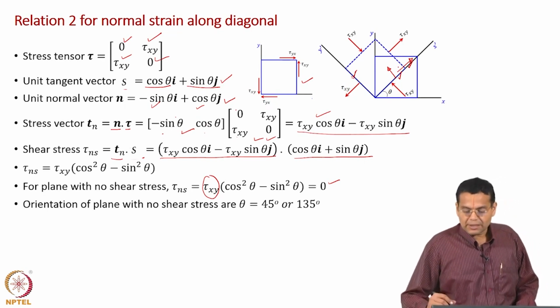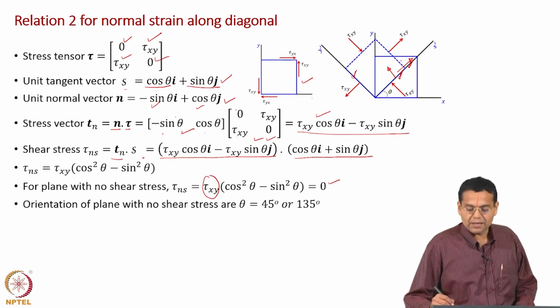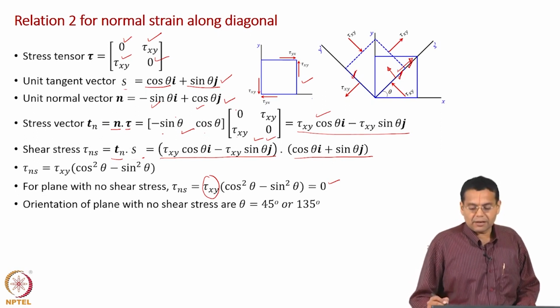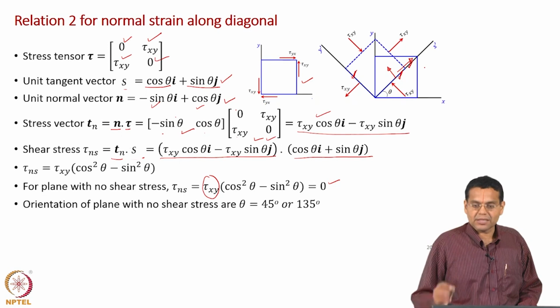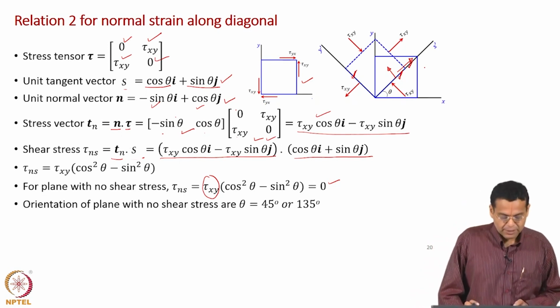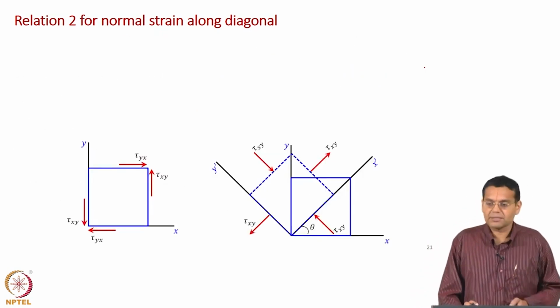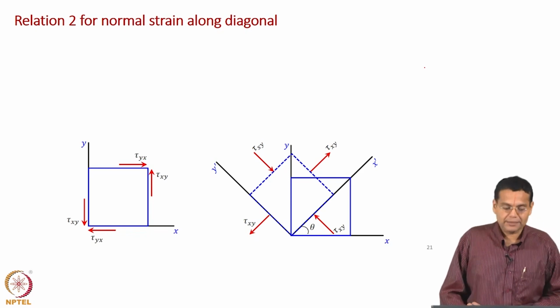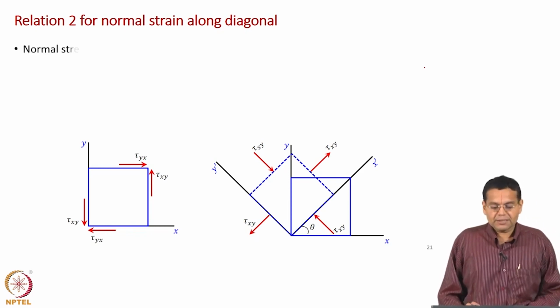So, along this plane there is no shear stress, there is only a normal stress, and on this plane also, which is 90 degrees away, there is no shear stress, only normal stress. Now, let us find the normal stress values along those planes. How do you find normal stress?